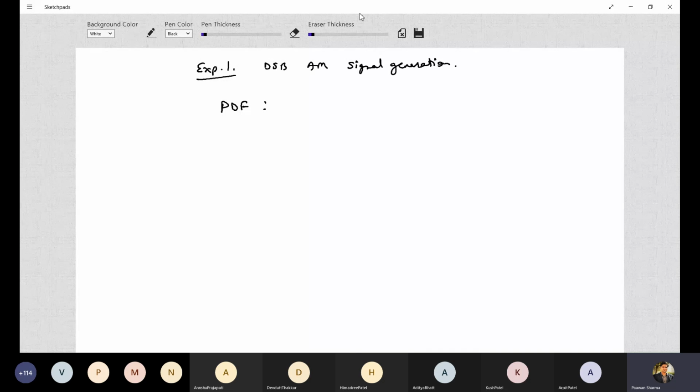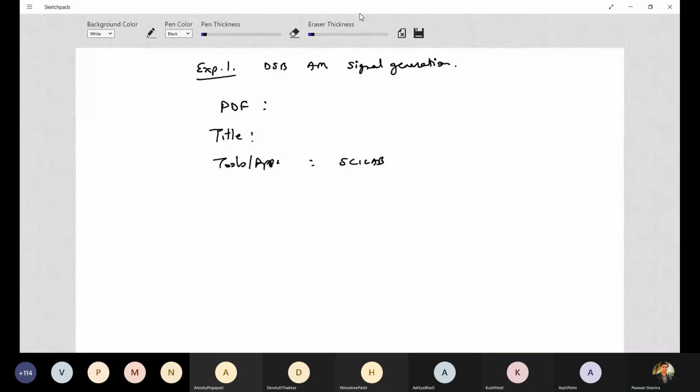For experiment number 1, you have to write in your own handwriting as per the following format. Title: as I already shared, DSB AM signal generation. Then write the tools or apparatus you have used, so you will write Scilab.